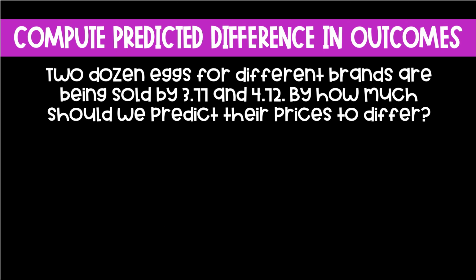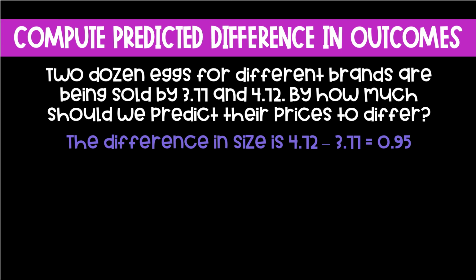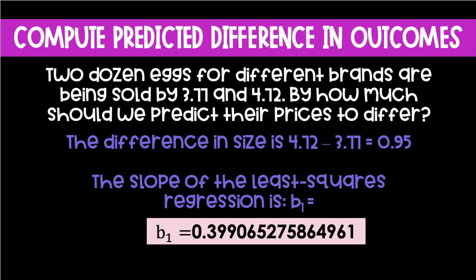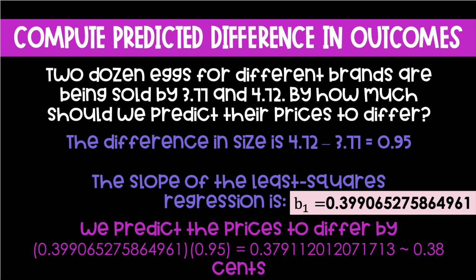Let's suppose you have 2 dozen eggs for different brands. One costs 3.77 and the other one costs 4.72. We first calculate the difference between the two. 4.72 minus 3.77 is 0.95. I'm going to multiply that 0.95 times my slope to get the difference between the two prices of the different brands of milk.